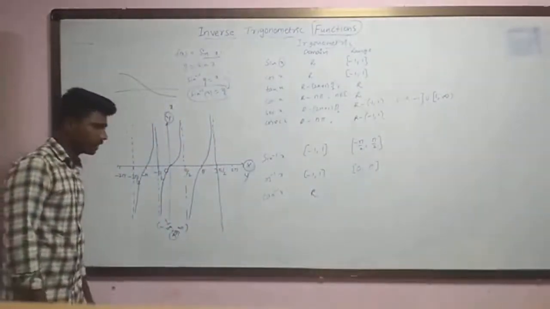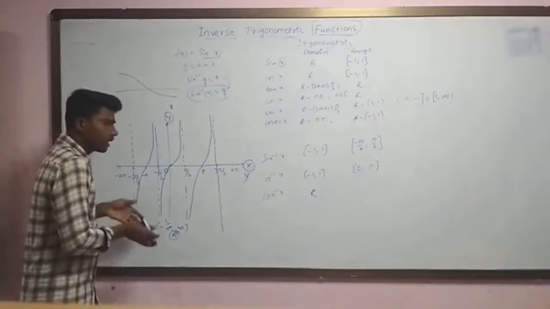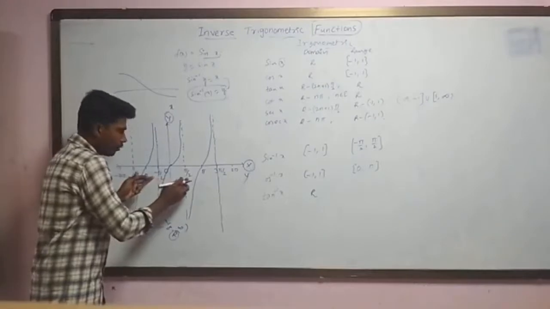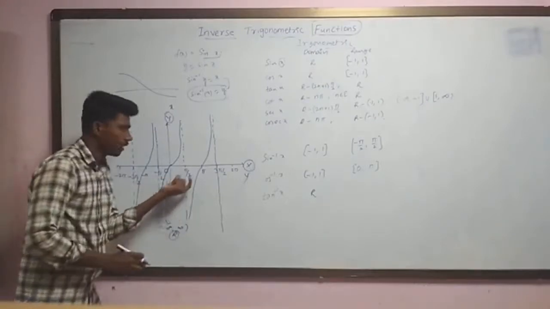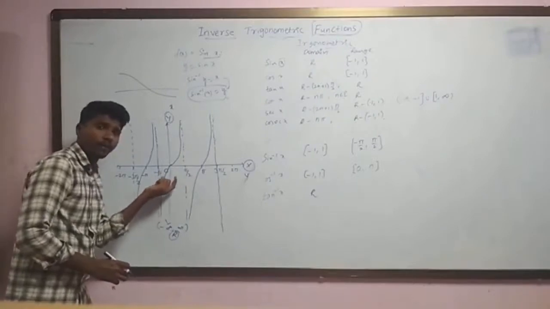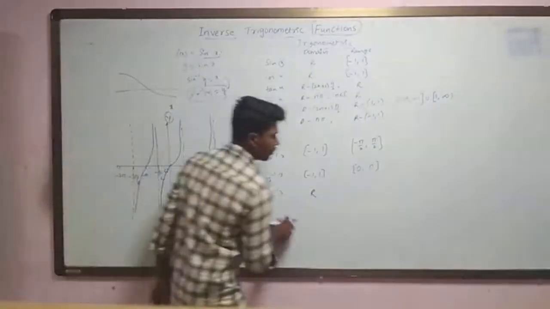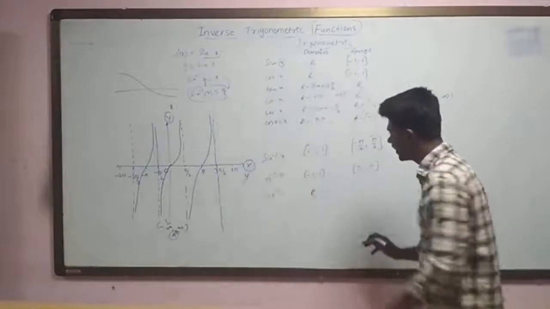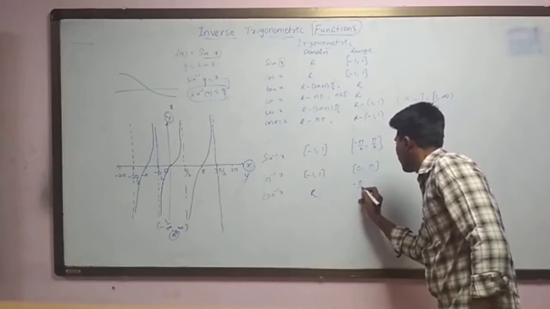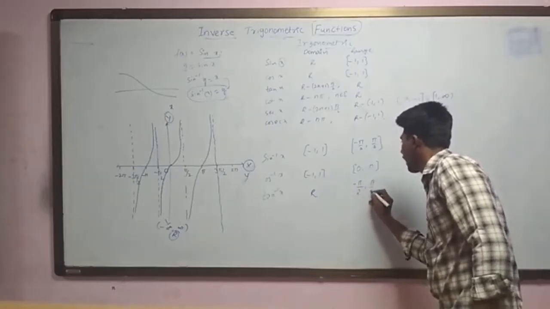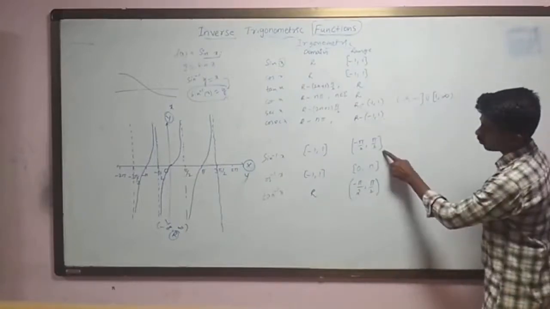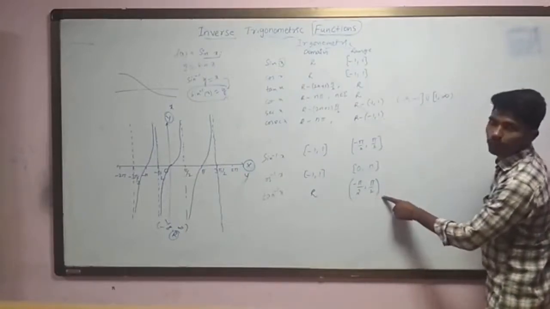And its range lies between minus pi by 2 and pi by 2, with minus pi by 2 and pi by 2 not included, because at these two values the value of tan becomes infinity. So the range of tan inverse x is all values between minus pi by 2 and pi by 2 except those two. See, the domain is a closed interval and this one is an open interval.